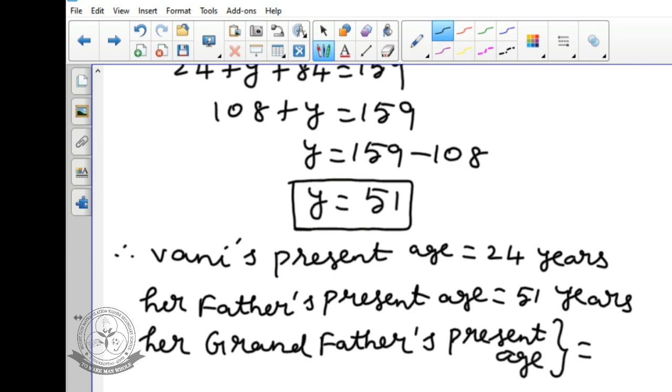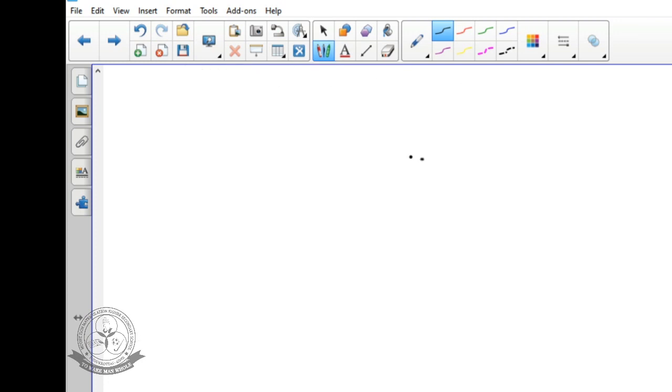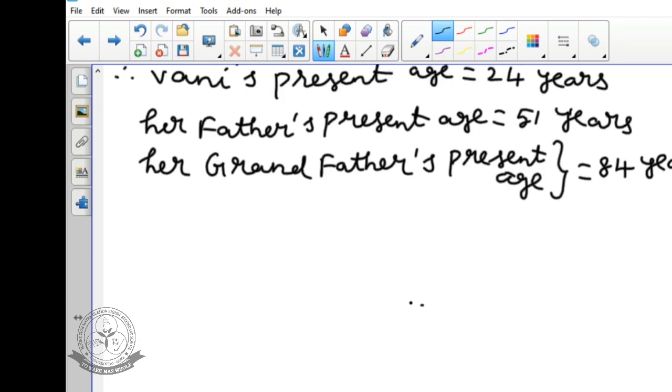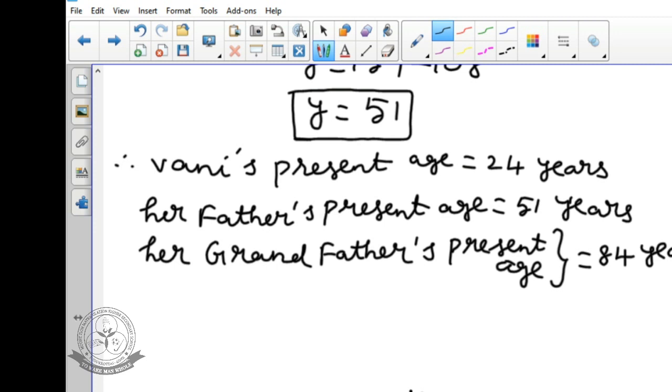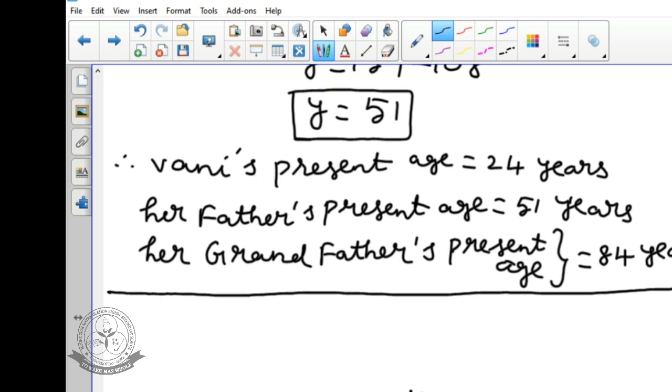So z equal to 84, so 84 years. That's all. In all the sums you have to write at last what we assumed, and give the answer. So Vani's present age is 24 years, her father's present age is 51 years, her grandfather's present age is 84 years. So this problem is over.